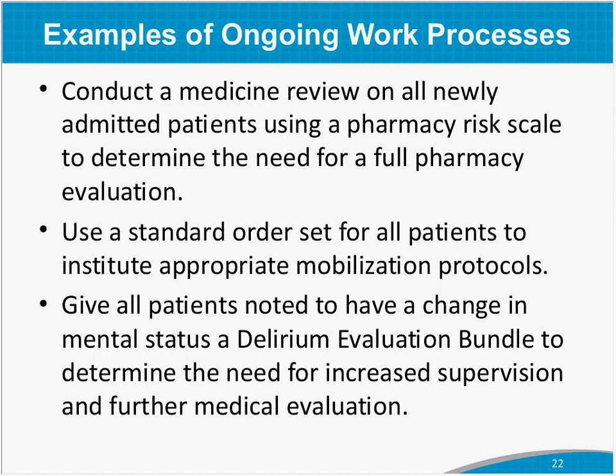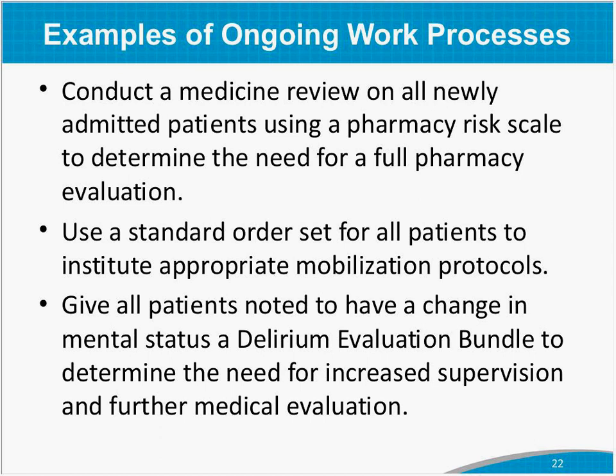So, example work processes. Conduct a medicine review on all newly admitted patients using a pharmacy risk scale to determine the need for a full pharmacy evaluation. Can some meds be discontinued or changed to a better hour? Like maybe you have some that are given at night. Maybe it can be changed to a different hour, if it's a diuretic or something, so the patient's not getting up at night when the room is not well lit, as opposed to during the day, when they're more alert.